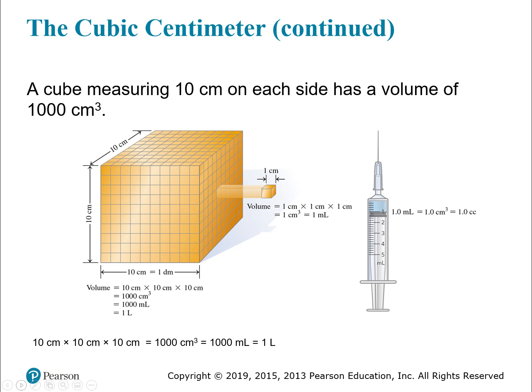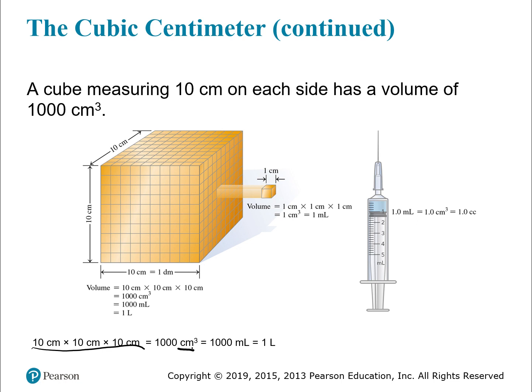The volume of 1 liter is defined by the volume of a 10 centimeter cube. So it's a cube that measures 10 centimeters on all its sides. And when you multiply all three of those, 10 centimeters by 10 centimeters by 10 centimeters, you get 1,000 centimeters cubed as the volume. So that's where that unit comes from.